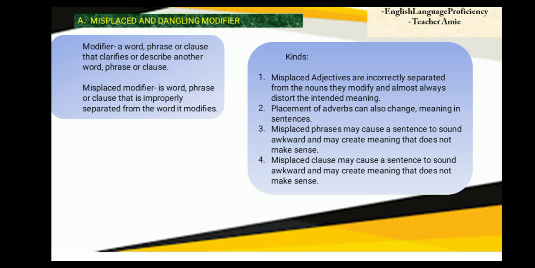And then, placement of adverbs can also change meaning in sentence. Bakit? Kasi, if you misplace the modifier, kung saan-saan mo nilalagay yung modifier mo, it could change the meaning of the sentence. Another thing is, it could sound awkward and it could make the sentence nonsense. And the last one is, it will create meaning that does not make sense. Okay, it's similar to the third one.